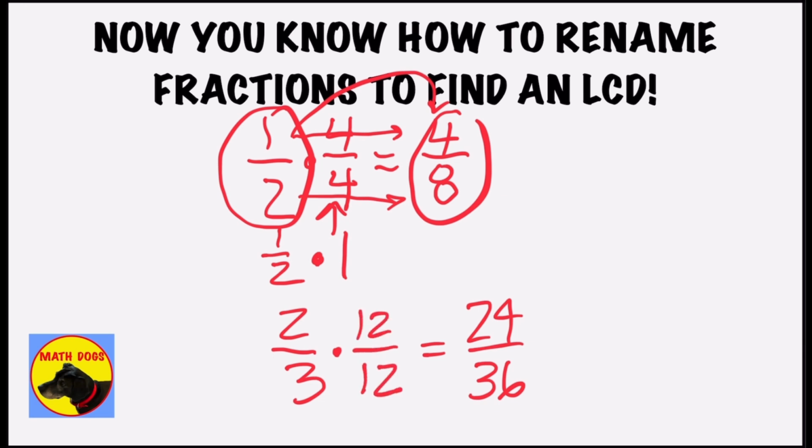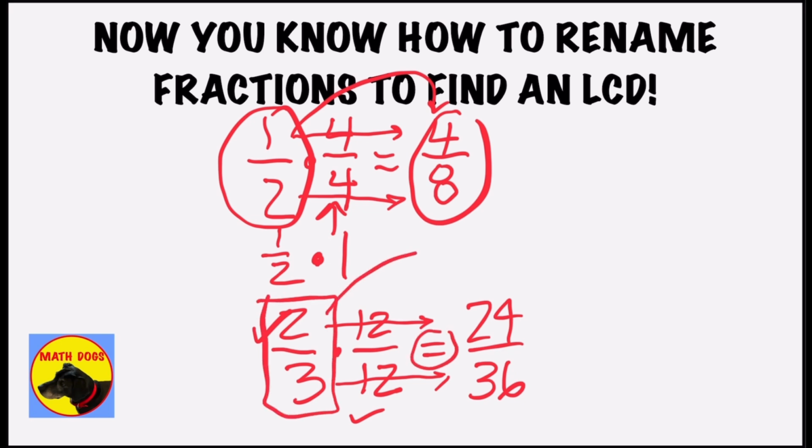So putting those two concepts together, we're going to take 2/3 and multiply it by 1, but we're going to use that form, any number over itself, in this case 12/12 is equal to 1, to get 24/36. 2 times 12 is 24, and 3 times 12 is 36. So they're equal. 2/3 times 1 in the form of 12/12 equals 24/36. They don't look the same, but they do have the same value.